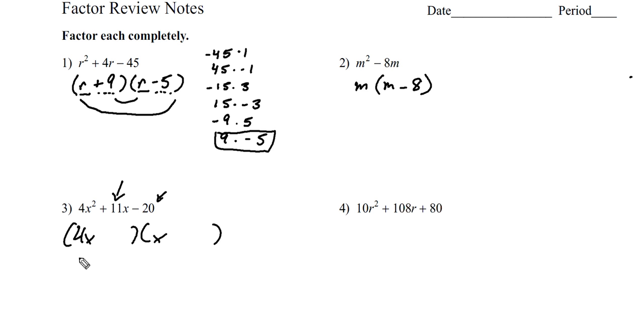So when we do the outer and inner parts of FOIL, the outer and inner parts have to be a positive and a negative. And then when we combine these, we get a positive. So that positive value has to be a little bit bigger.